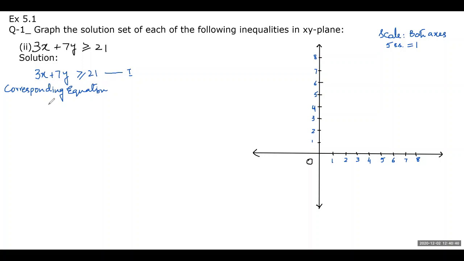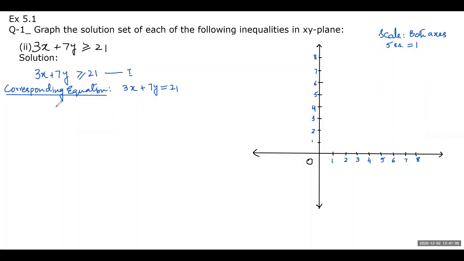What we are going to do is simply convert this inequality into an equation just by changing the inequality sign to an equals sign. So this is the corresponding equation for this particular inequality. What is the next step? We are going to find the x-intercept and y-intercept for this particular equation.